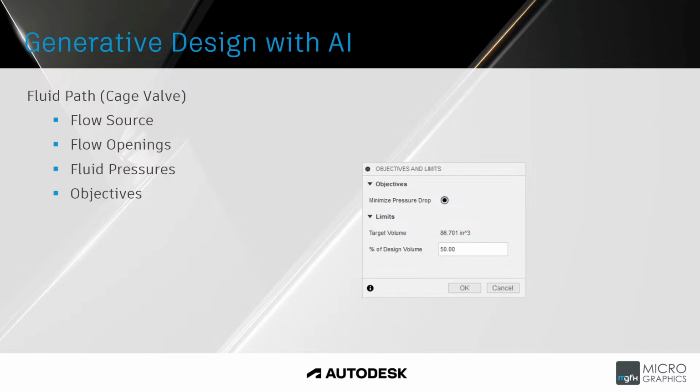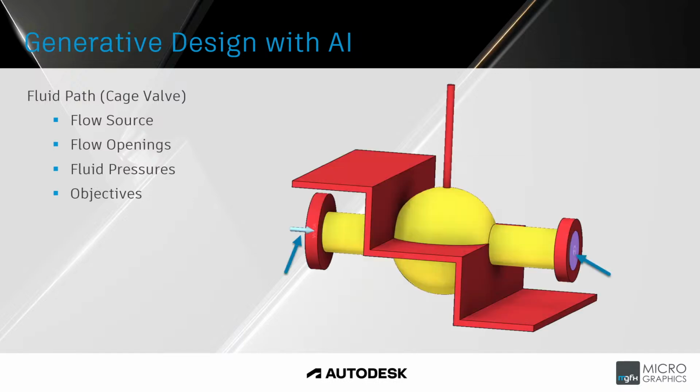So that yellow geometry represents the starting geometry. We want to reduce that down by 50%, but we want to minimize the pressure drop through that area. Just to come back to the fluid pressures, I kind of skipped over that one.